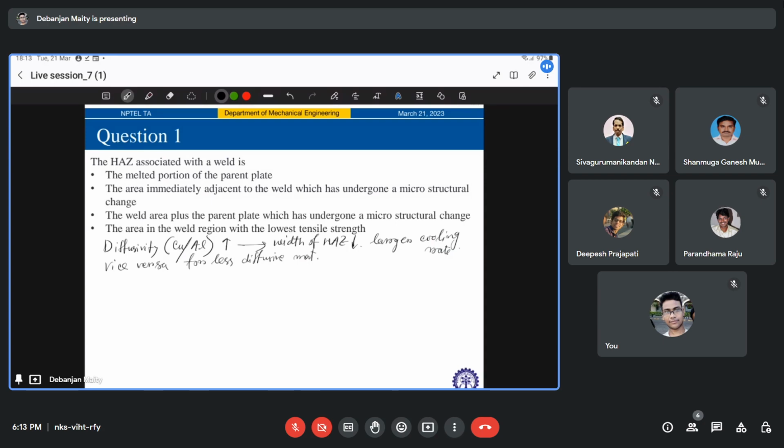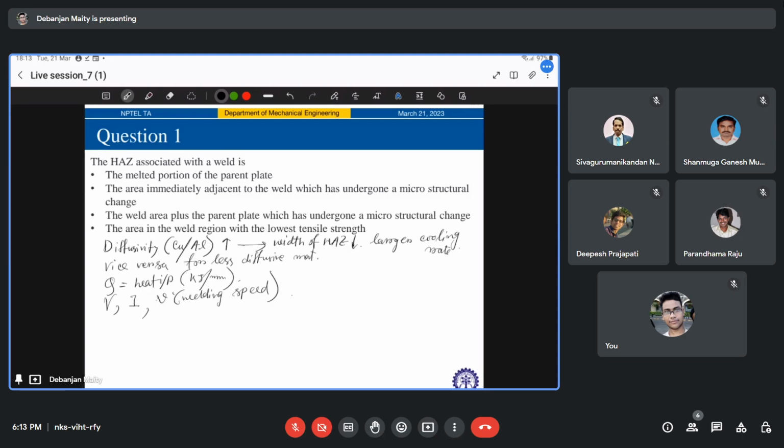Let's say Q is your heat input in kilojoule per mm, and for arc welding you have your voltage, your current, your welding speed, and some efficiency depending on the welding process, right?